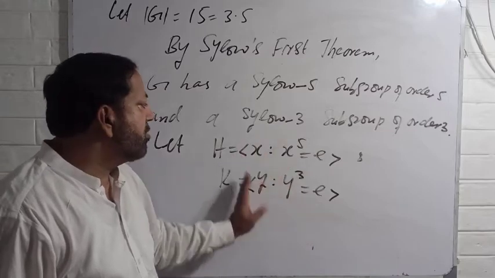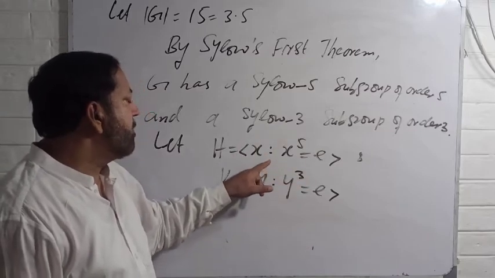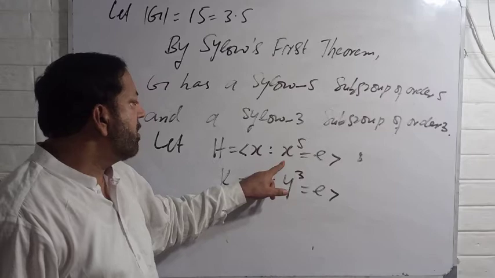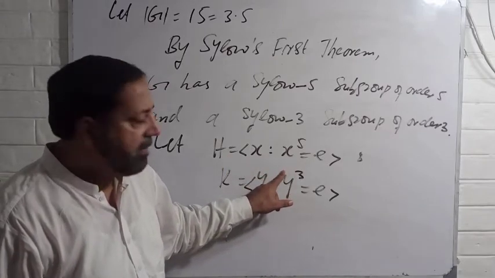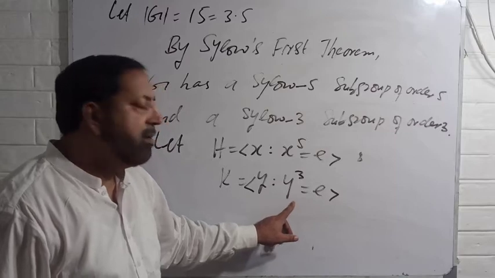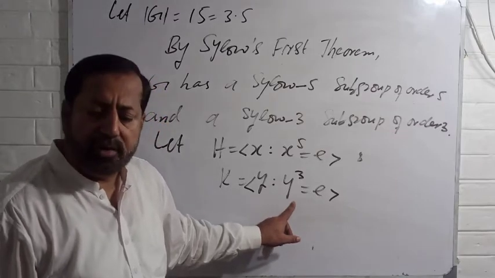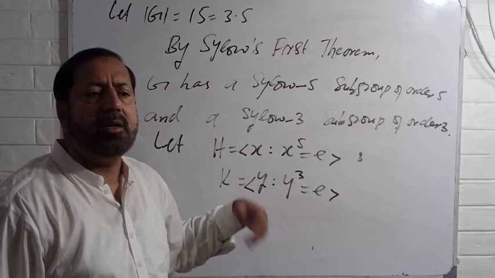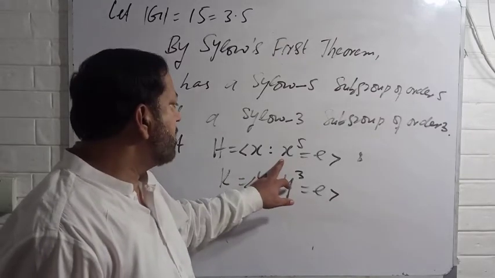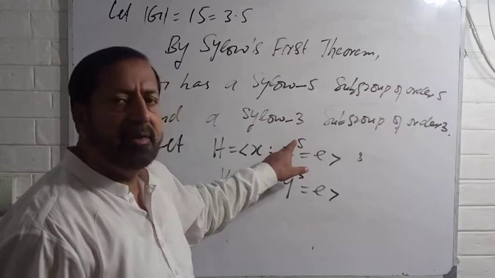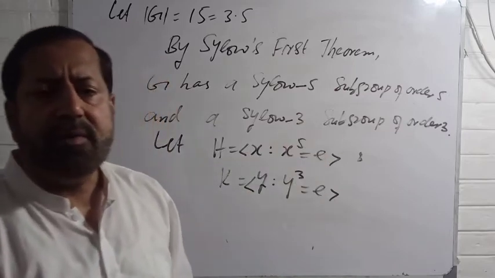So look at these two groups. This means that in H we have 4 elements of order 5, and in K we have 2 elements of order 3, because these are cyclic groups of prime orders. And you know that all powers are prime to 5, since 5 is a prime number.